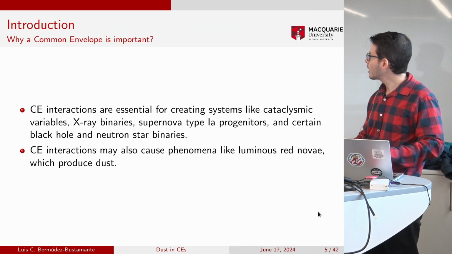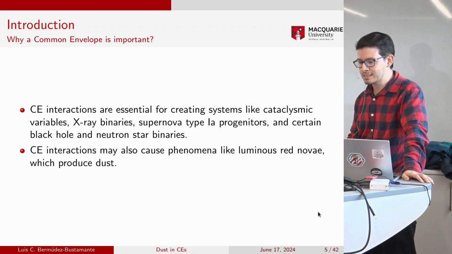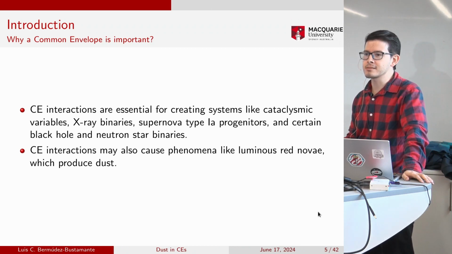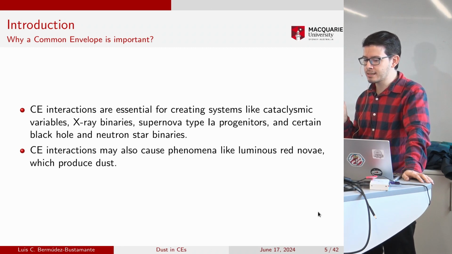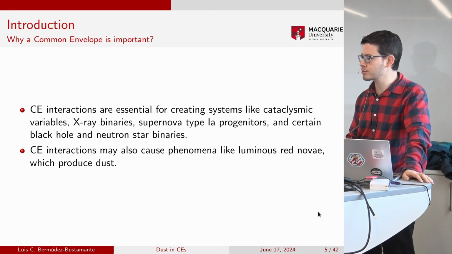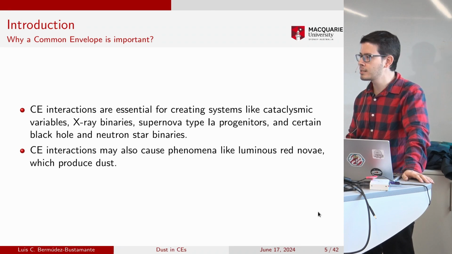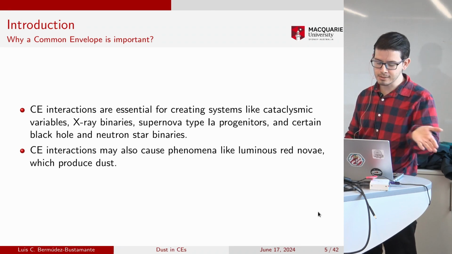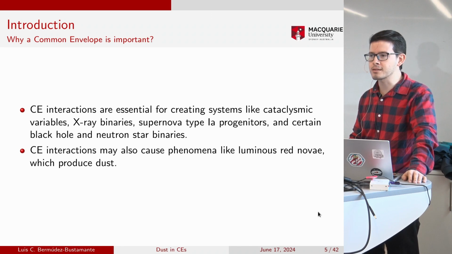Now, why is this common envelope phase important? Well, that's because this phase is key for the formation of compact binary systems, for example, X-ray binaries or supernova type Ia progenitors, or even black hole and neutron star binaries, which are sources of gravitational waves.